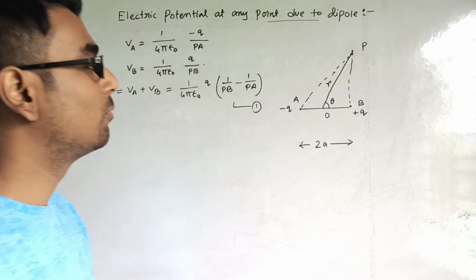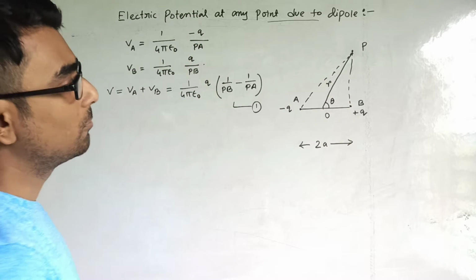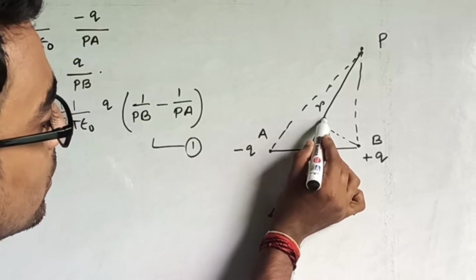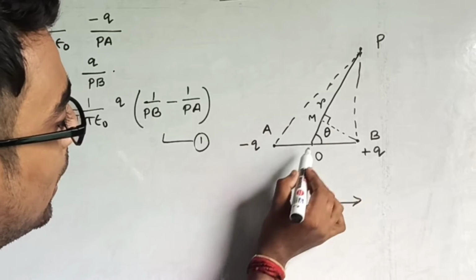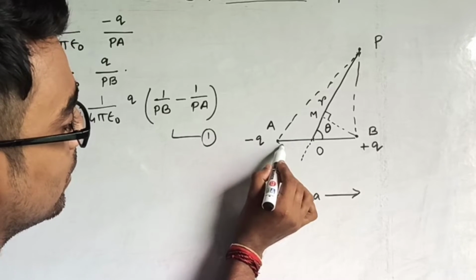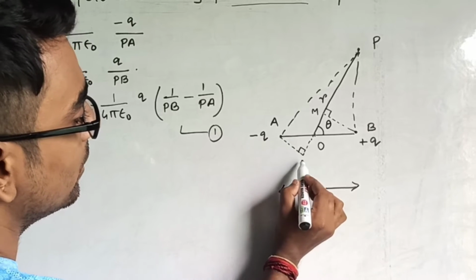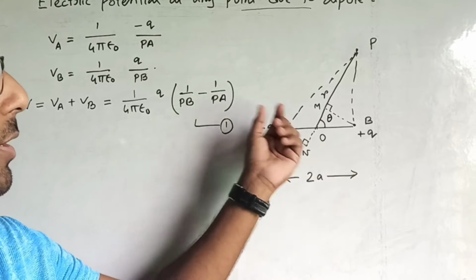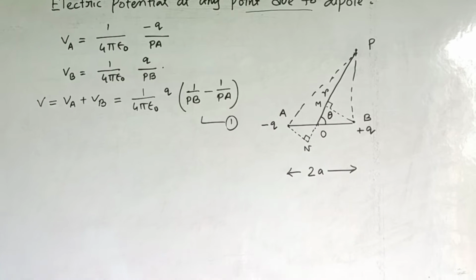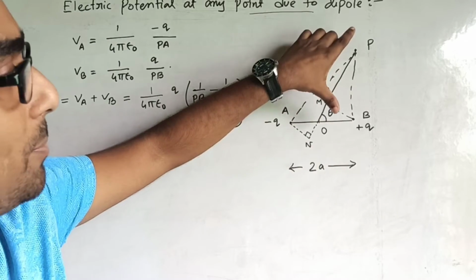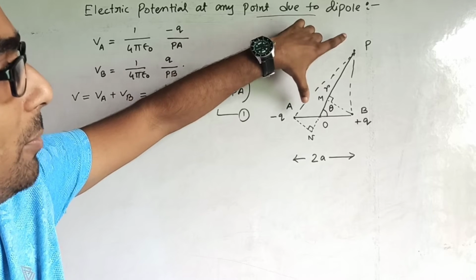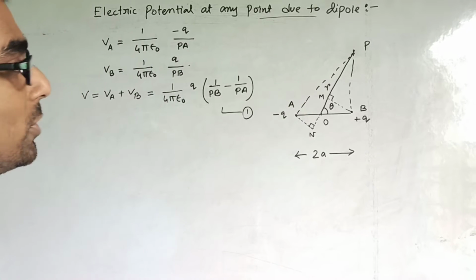Now what we will do, if we extend this line, this makes angle 90 degrees, say it is N. We can draw a perpendicular like this, M. Now we will consider that PB will be equal to PM, and in a similar way PA will be equal to PN approximately.